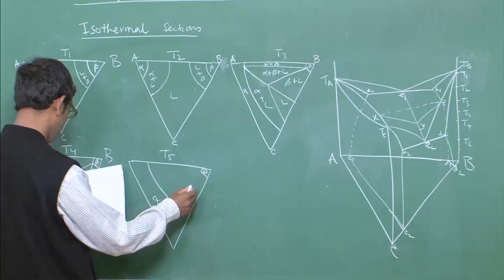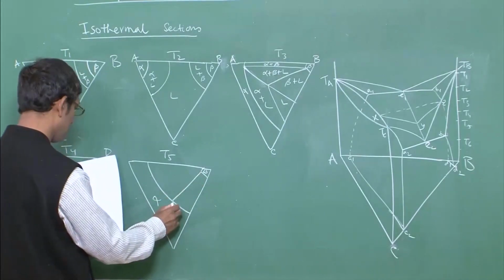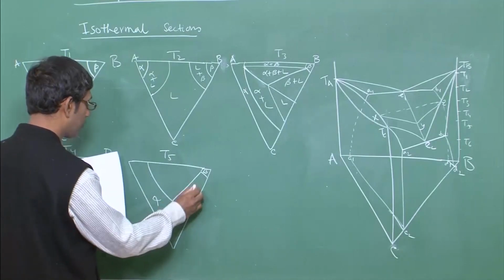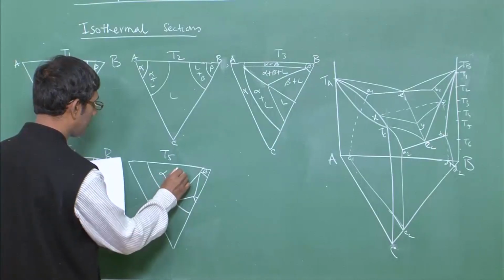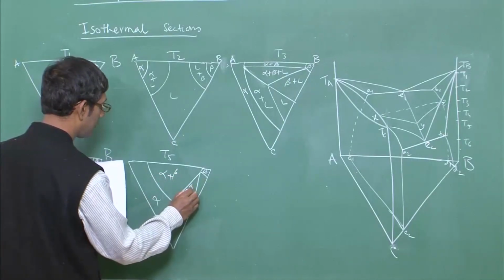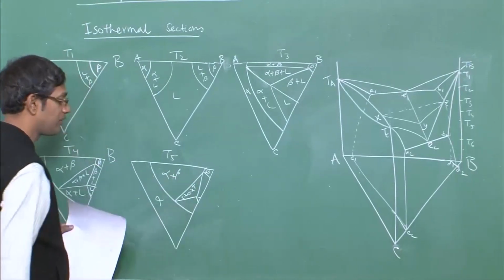And then you have basically a small zone of liquid, and the ternary 3 phase zone is also small.